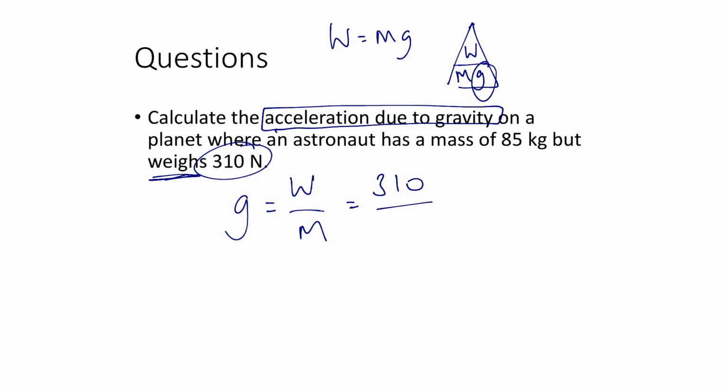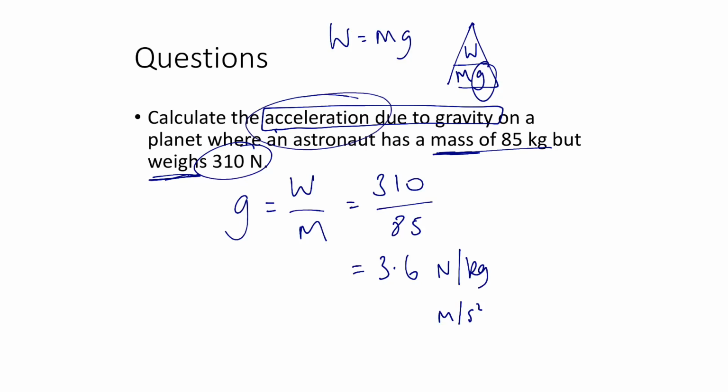The mass is measured in kilograms, and there's a clue because it's got the word mass, so 85. And we can put that into our calculator, 310 divided by 85. So the value of gravity here is 3.6, and our unit, well, there's two to choose from, newtons per kilogram, or meters per second squared because it's an acceleration.